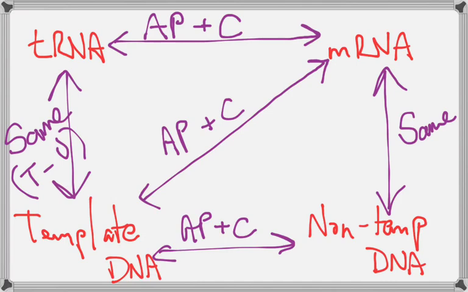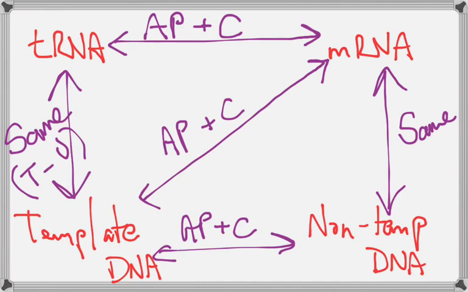If you can start there, then it's pretty easy to remember the rest of the connections. mRNA base pairs to tRNA. When we say that it base pairs, we mean that the two of them are anti-parallel and complementary to one another. Template DNA base pairs to non-template DNA. Again, that implies complementarity and an anti-parallel nature between the two of them.